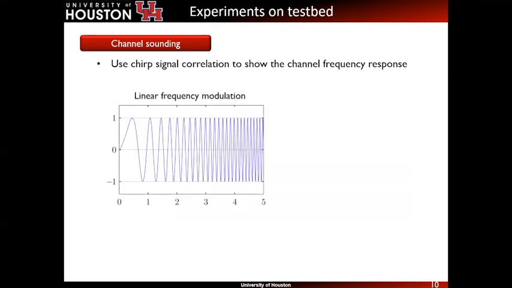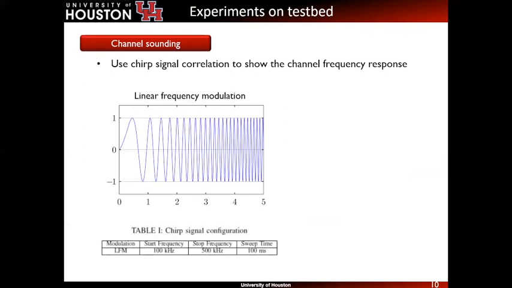This linear frequency modulation starts from a very low frequency to the highest frequency. And the sweeping time we set here is 100 milliseconds. The result is shown in the right panel.